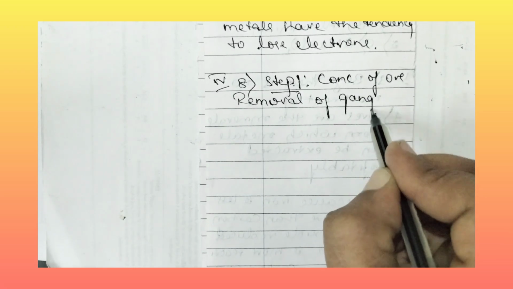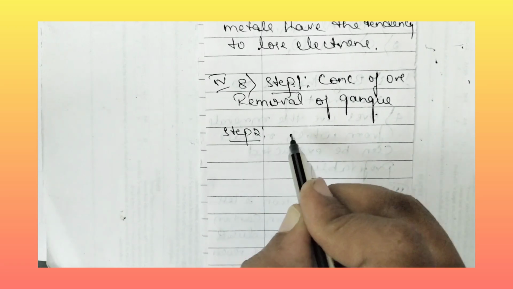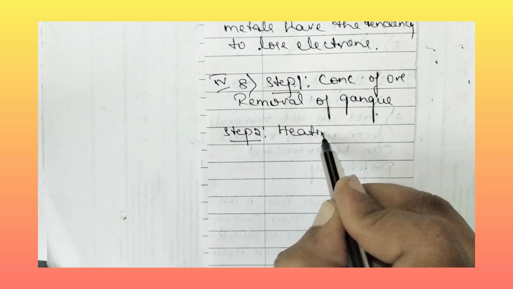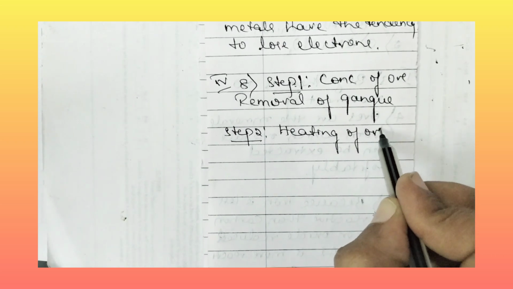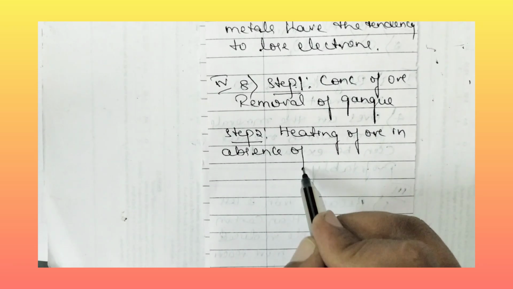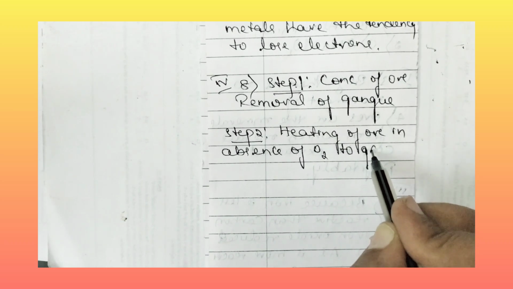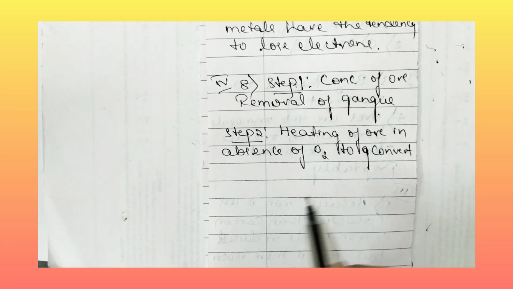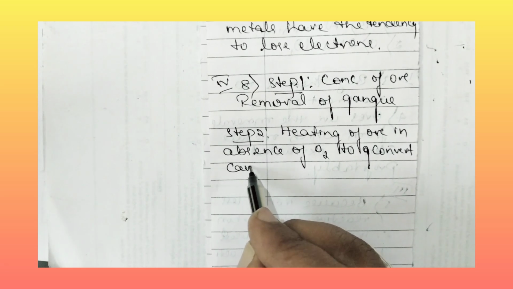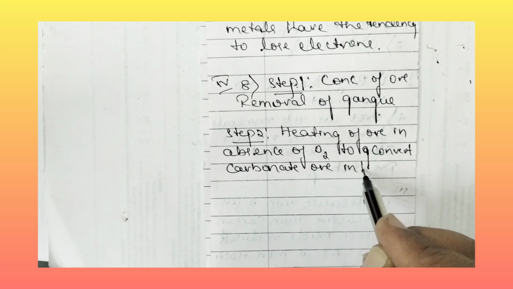Then step number 2: heating of the ore in the absence of oxygen, that is calcination, to convert carbonate ore into oxide ore.